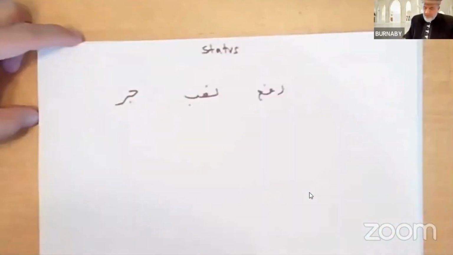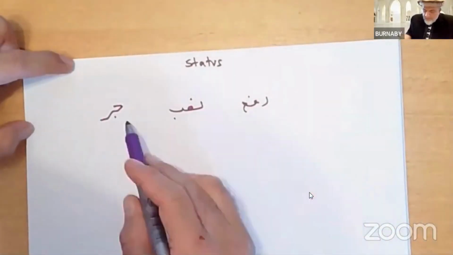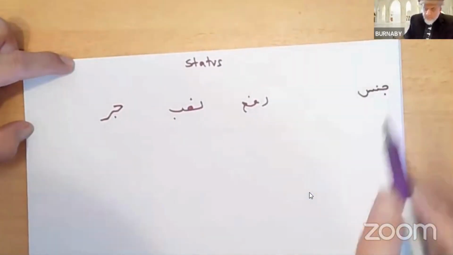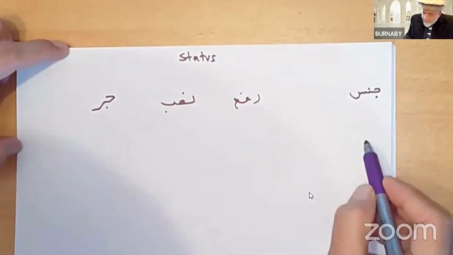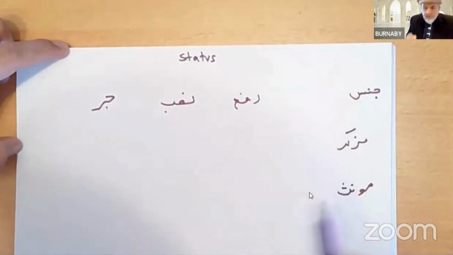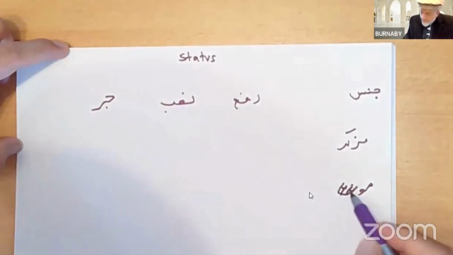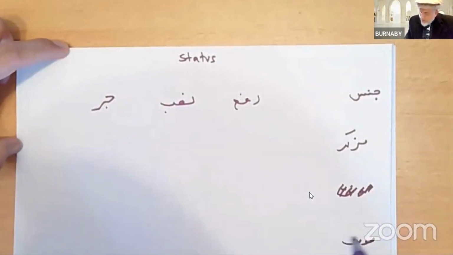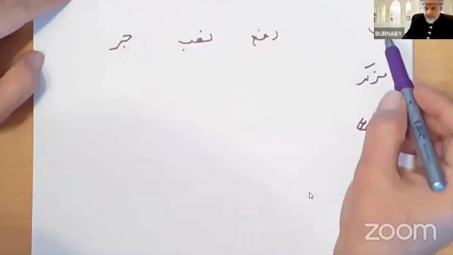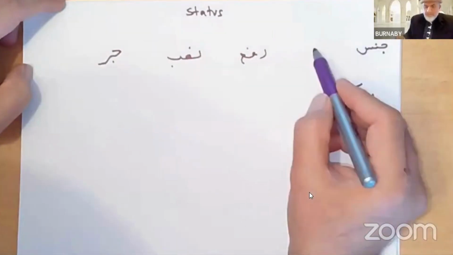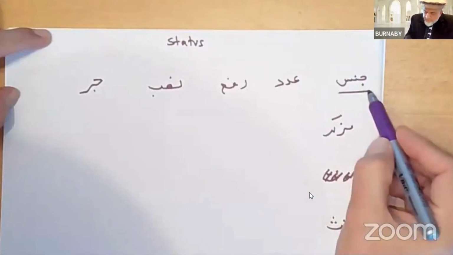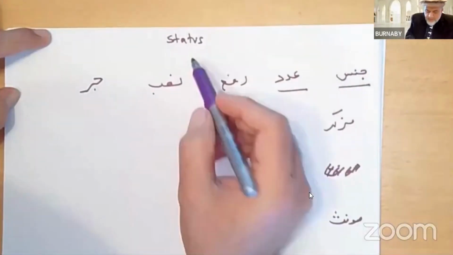But before I get there, I need to deal with the jins, meaning, am I dealing with mudakkar or muannas? Let's put muannas a little bit down because I'm going to need more room for that. Now what is after jins? Adad, number. So this is property number 1, property number 2, and this is property number 3.